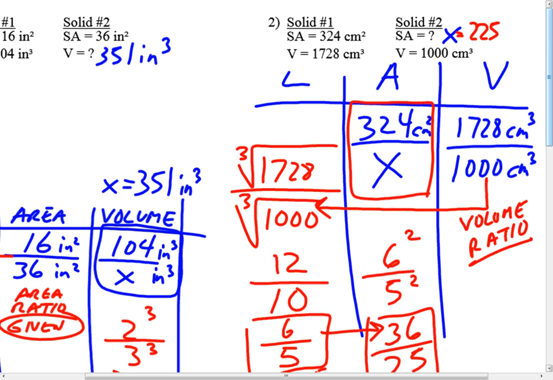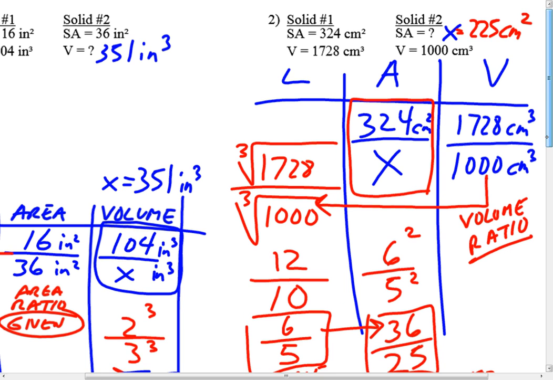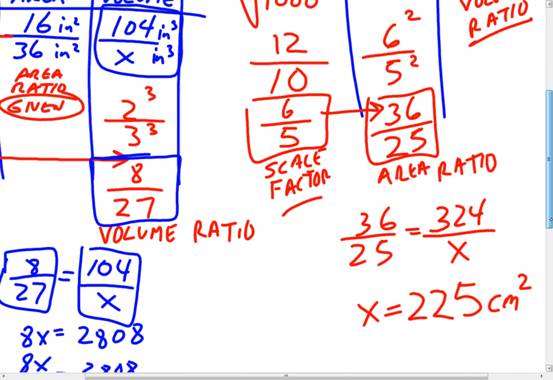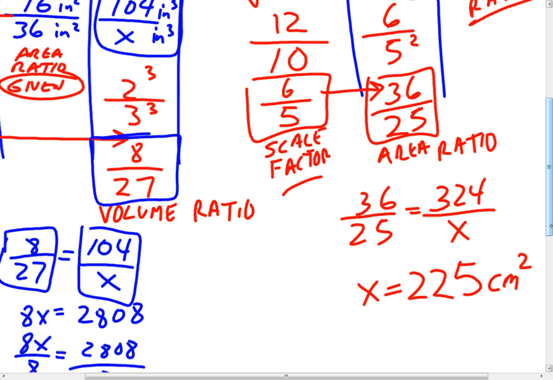Equals 225 centimeters squared. These two look like they're larger than these two, so that's consistent. At least that makes sense. Yeah, I cross multiplied and found that. Right? You don't have calculators, so I took care of the work, right? Proportion.